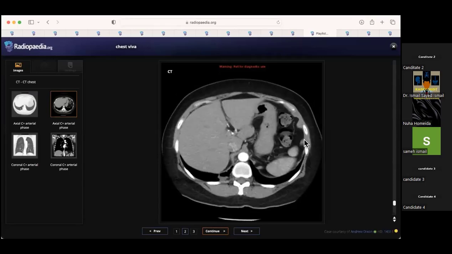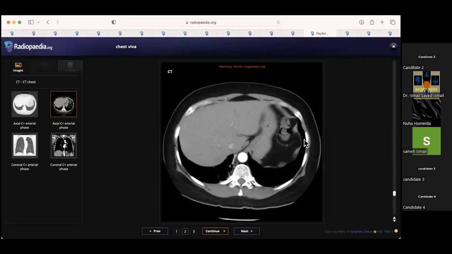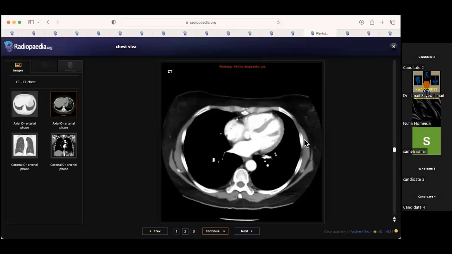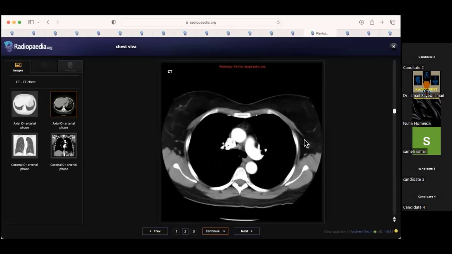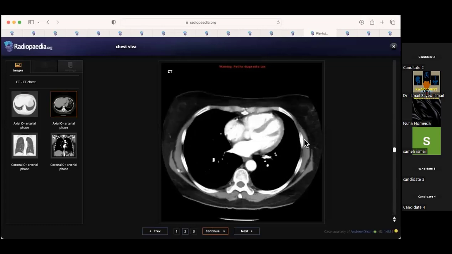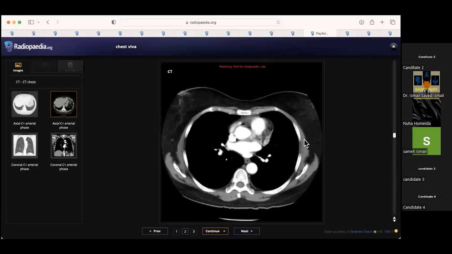I will take a brief look at my study, then I will go back to my findings. In this study, I cannot appreciate any filling defect within the cardiac chambers. Also, the pulmonary trunk and both main pulmonary arteries appear patent with no evidence of filling defect representing pulmonary embolism.